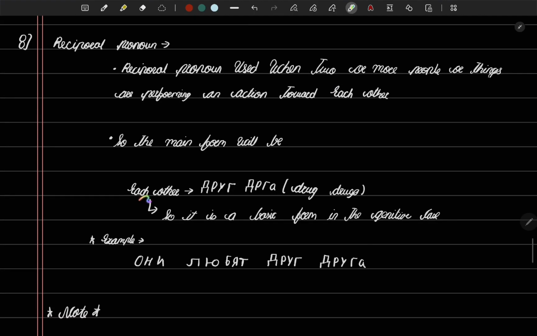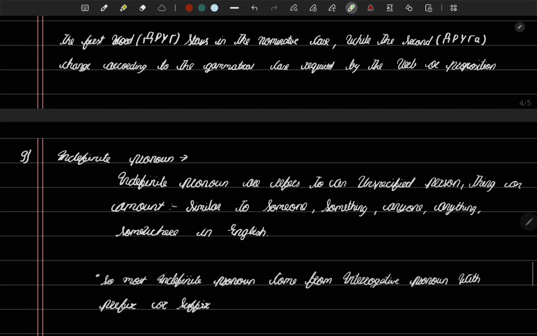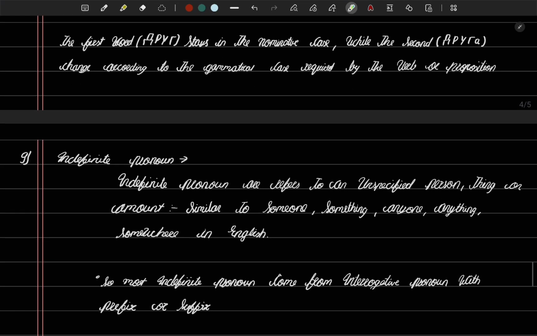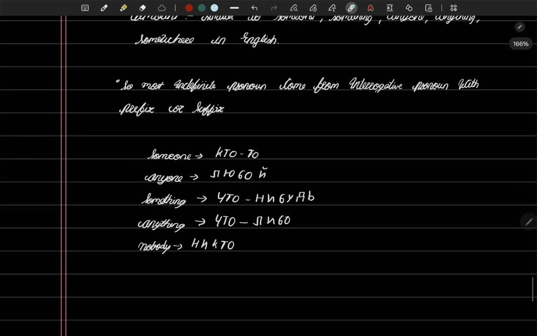The main form will be each other. In Russian, it will be drug druga. And the last one will be the indefinite pronoun. Indefinite pronouns refer to an unspecified person, thing, or amount, similar to someone, something, anyone, anything, somewhere in English. So these are the words in indefinite pronouns.